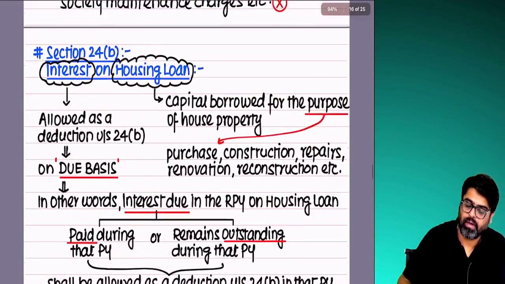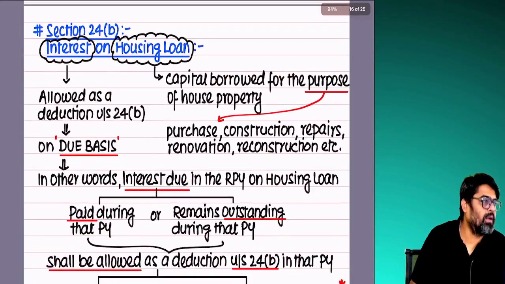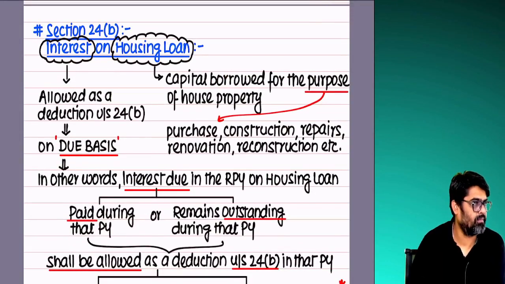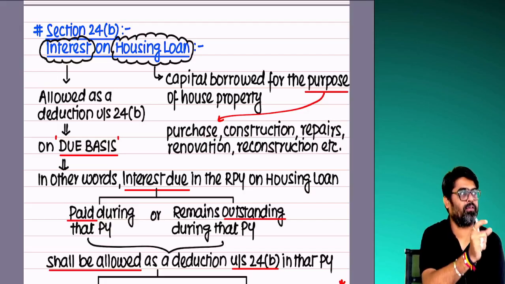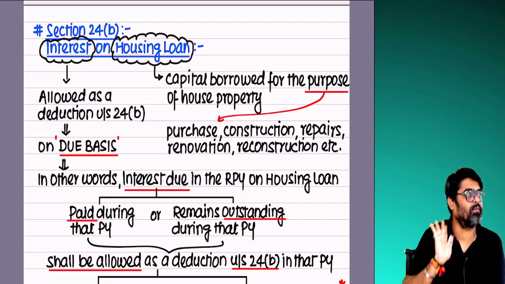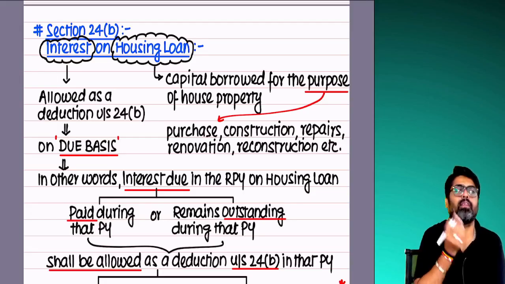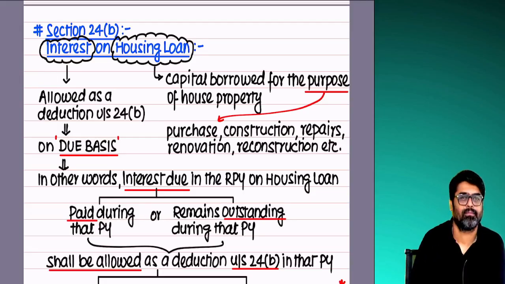24A done. Now here comes another pain point. The first pain point was in this chapter. I will always tell you that students face difficulty in this area. 15 years of experience.